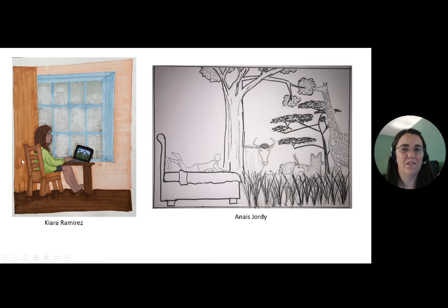And I love how both of them expressed what it was like to interact with nature, but through their computer. And I really like both of these expressions of that feeling. And when they presented it, it was very interesting to hear about their experiences.